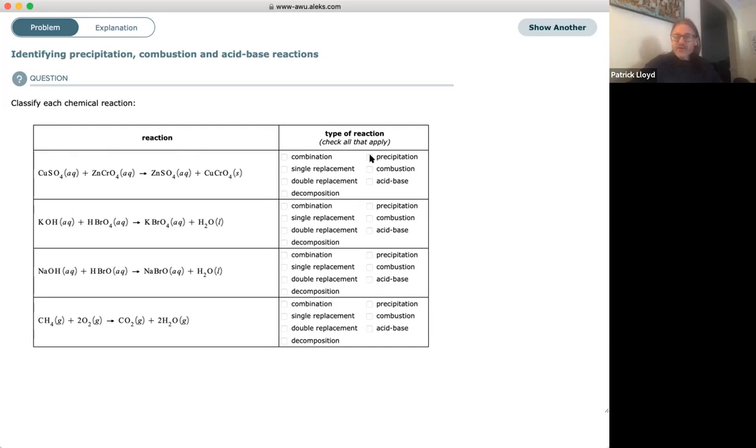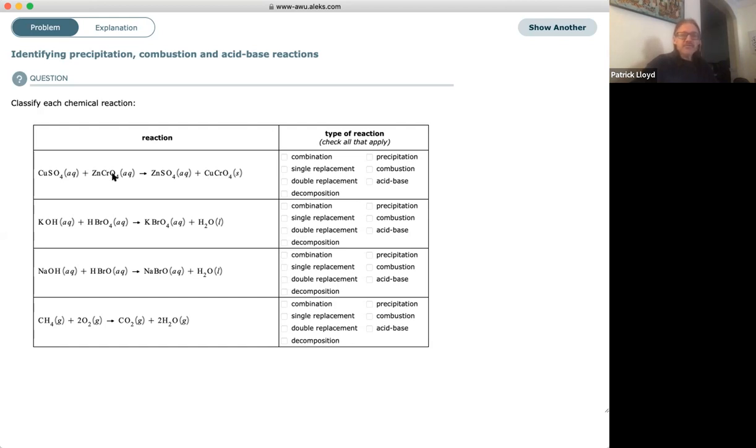But it's also, just like the acid-base, binary ionic compound, metal with a non-metal, binary ionic, metal with a non-metal, binary ionic. Two parts, switching partners. The copper was originally with the sulfate. Now the copper is with the chromate.